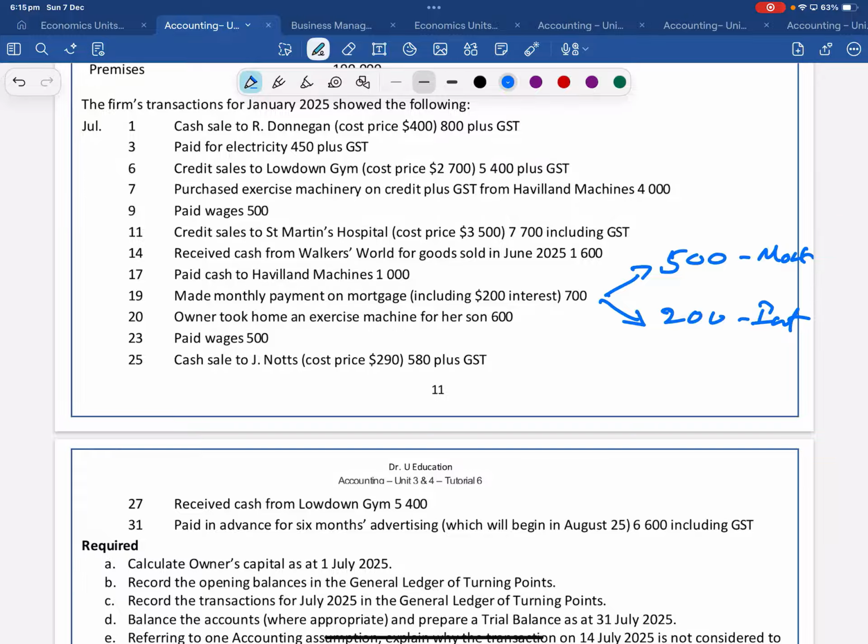So the effect on the accounting equation when it is finished is that it won't be an asset anymore.